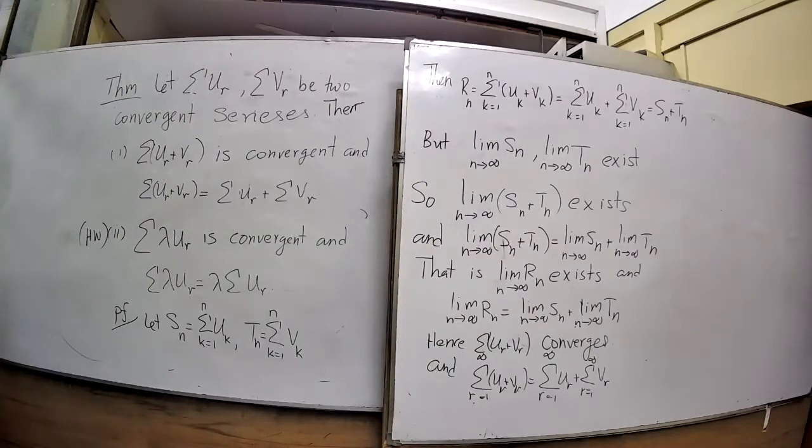So the limit of the sequence goes to plus infinity, and for the sequence minus n, you already know that it goes to minus infinity, right? So there are sequences that have infinity as the limit.